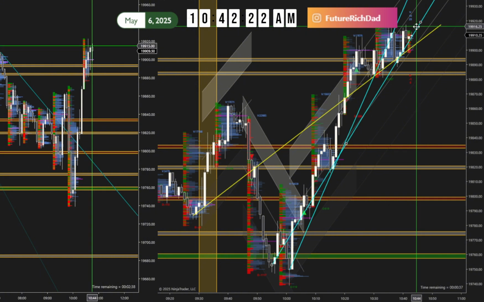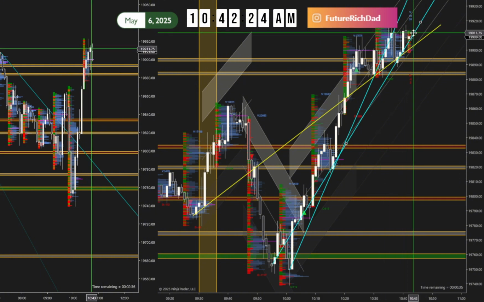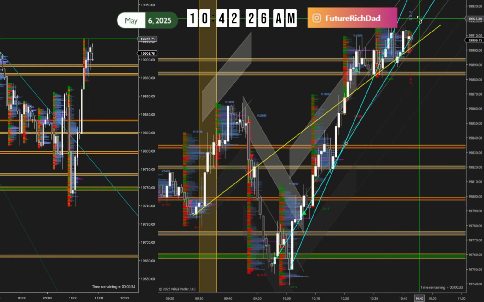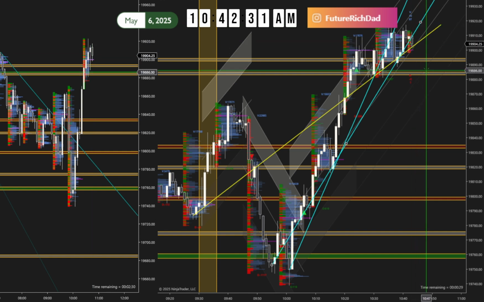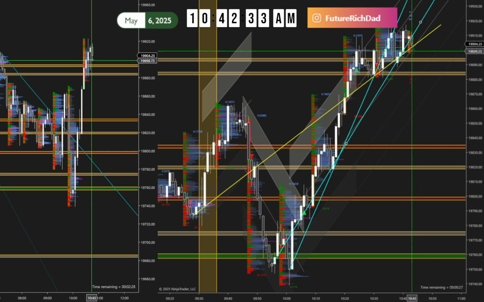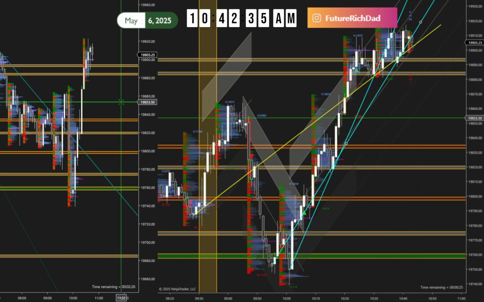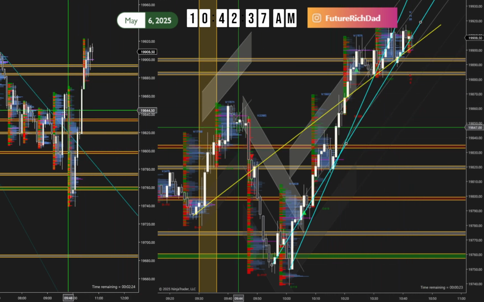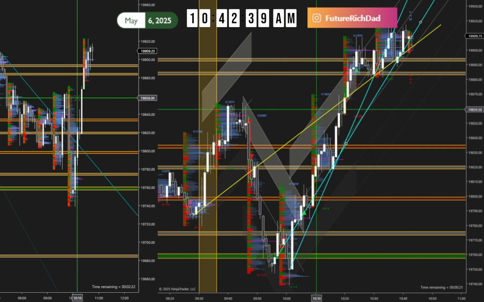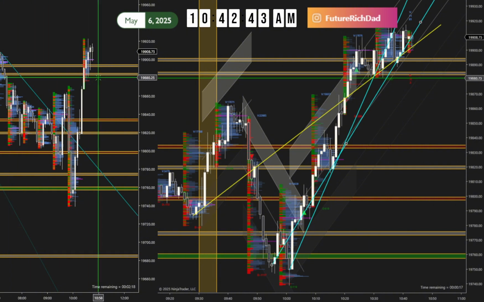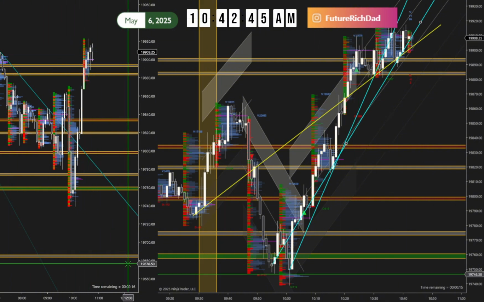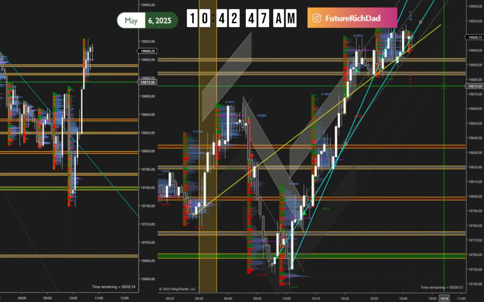If we move to the top, then possibly we're going to break this area and then move to the top, or reject and then reject, then possibly move to the downside. So that is the current idea, since we do have quite a bit of gap fill here that is pending. So we will see if we do move towards the downside, and this is just the waiting game.